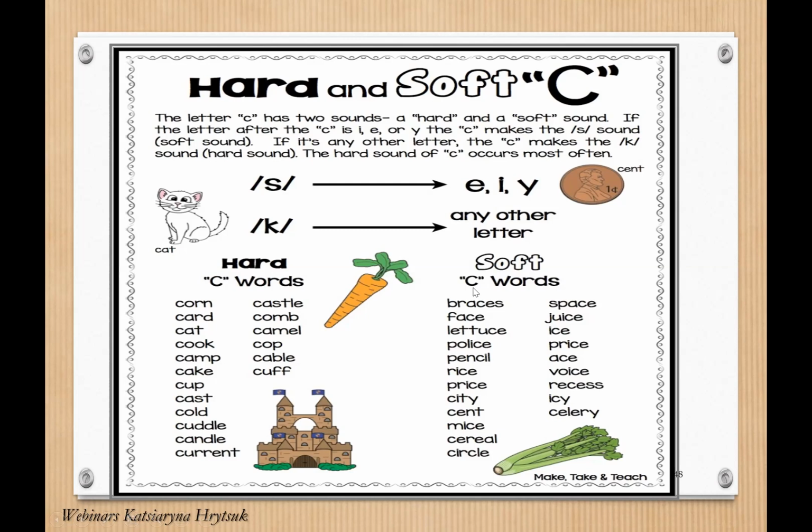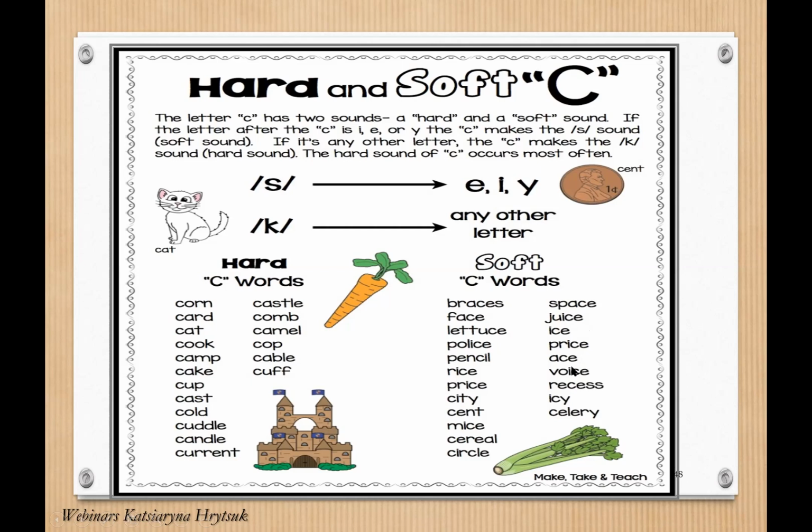Vika. Braces. Open syllable. Braces, face, electric, lattice. Letter C, my dear. Letter C before E, we read S. Lettuce, police, pencil, rice, city, sand, mice, cereal, circle, space, juice, ice, price, ace.